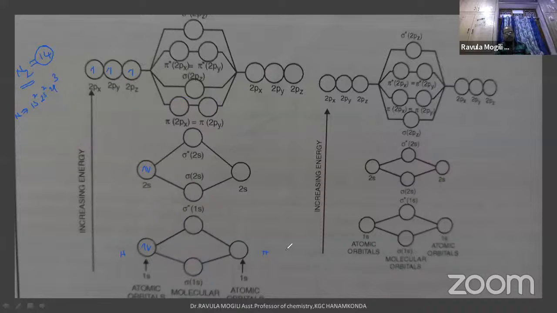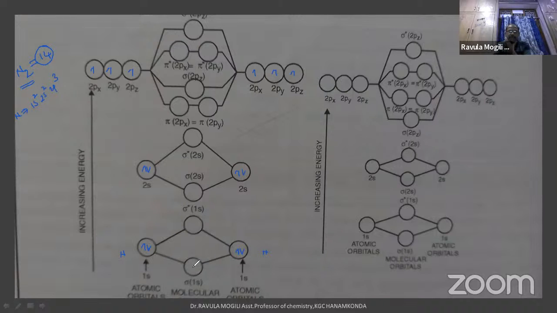So one more nitrogen is there. Similar to that, here 1s electrons, 2 2s electrons, 3 electrons are present in p orbitals. Okay. So these 2 electrons, these 2 electrons, total 4 electrons.